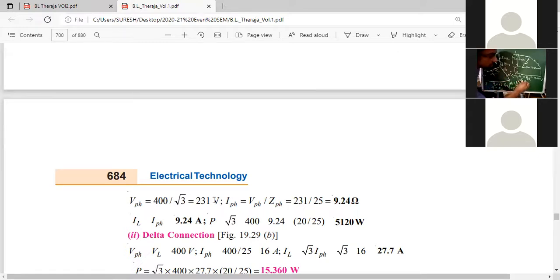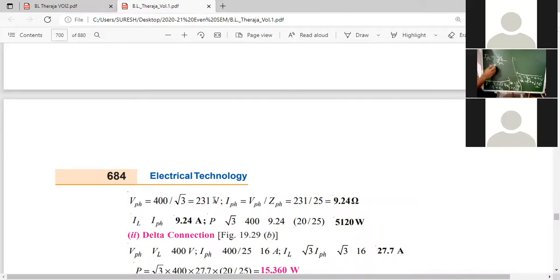What is the Z phase value? Your Z phase is 20 plus j15 ohms. Up to this clear? Now see here. In star connection and delta, we can't determine the line current directly. I phase is equal to V phase by Z phase.